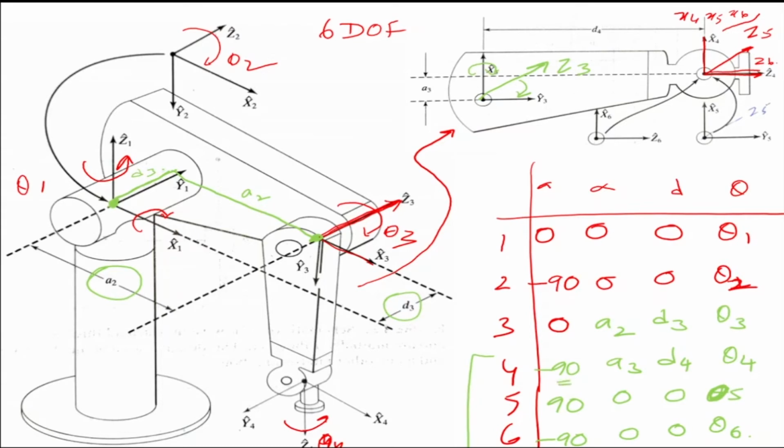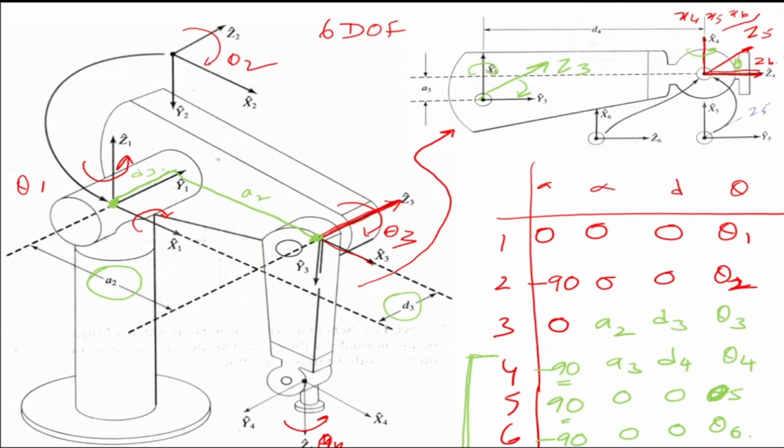Then Z4 rotates anti-clockwise about the x-axis and becomes Z5, so there is a plus 90. Then Z5 again rotates clockwise and becomes Z6, so there is a minus 90. So at the wrist there is a clockwise, anti-clockwise, and then clockwise rotation again. But the last three axes are intersecting at that point. Now this is a 6 degree of freedom system.